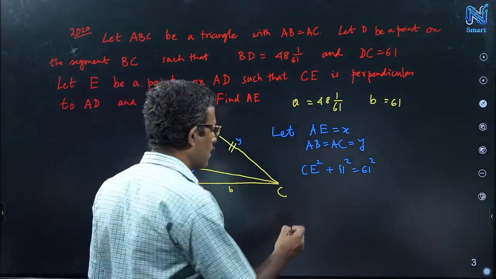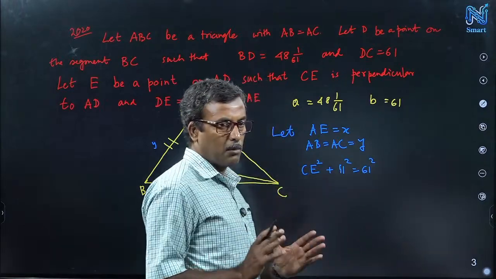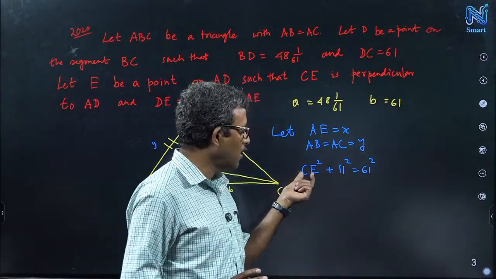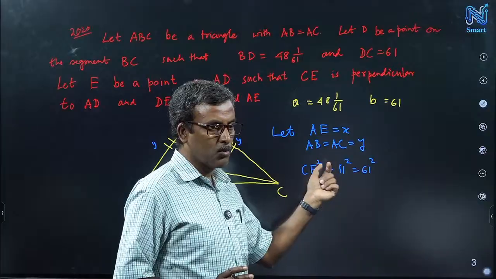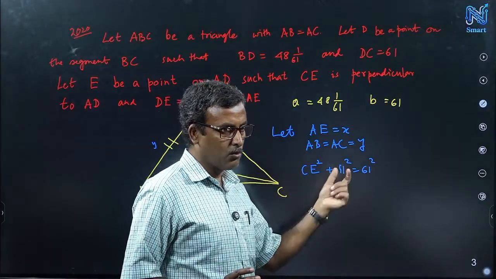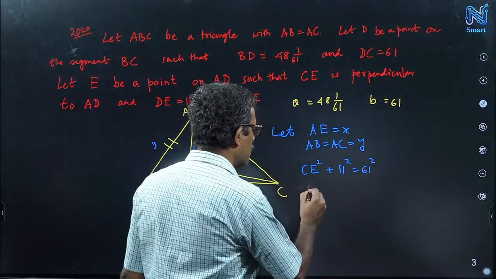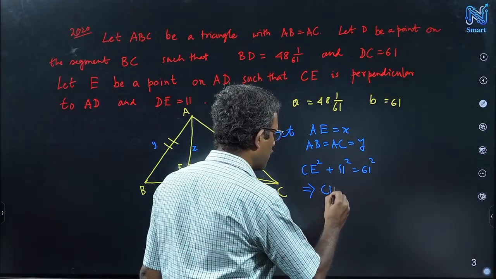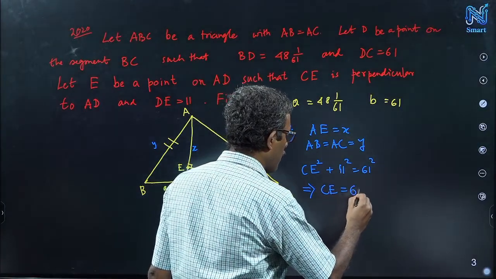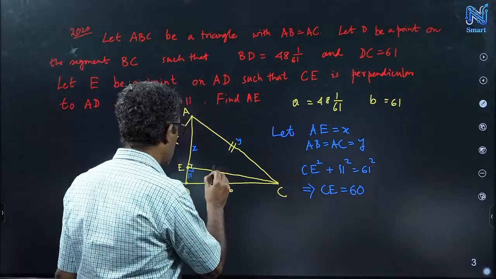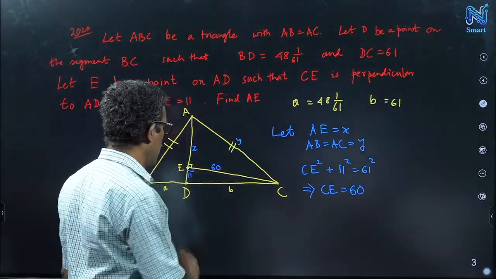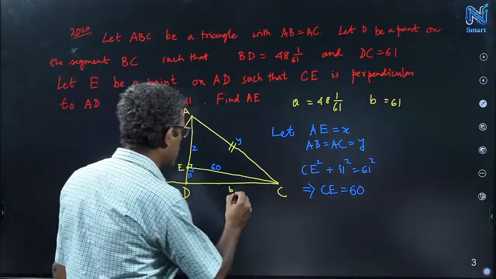Yes, it is 60, because 61 means 60 plus 1 whole square. So 60 square, 1 square, plus 2 into 60, so 120 plus 1, 121. So CE is 60, right? So we can write this as 60. This is 61.